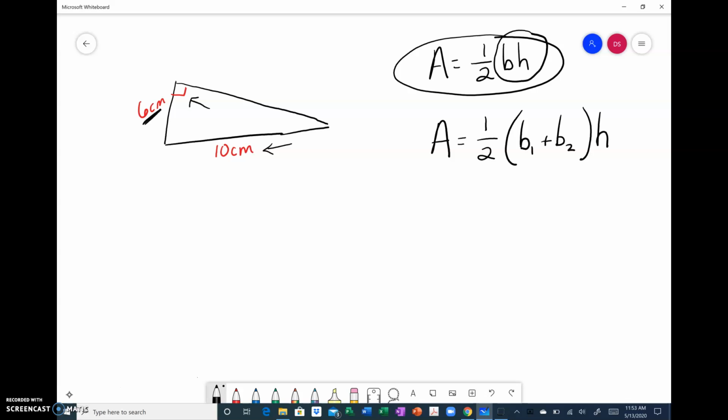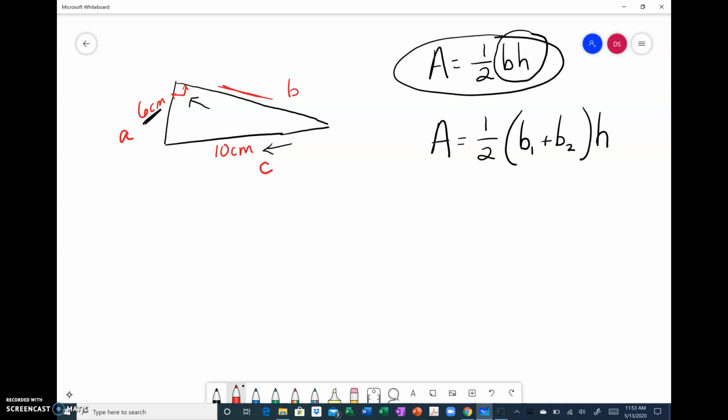Remember, when we talked about triangles in a different lesson, I told you that the height will be perpendicular to the base. So we have to know this measurement right here, which we do not know, okay? We know the leg, A, and we know the hypotenuse, C. So how are we going to find B?